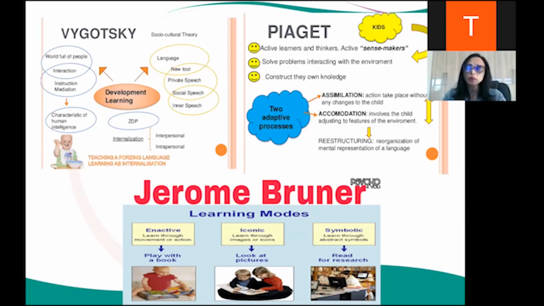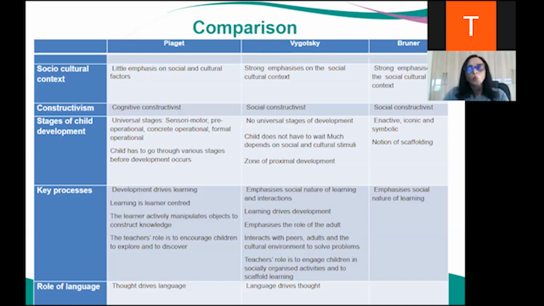It would be worthwhile for you to identify some of these key ideas and terminologies as you engage with learning about these. When you're asked to compare the three theorists, here again, compare key elements.